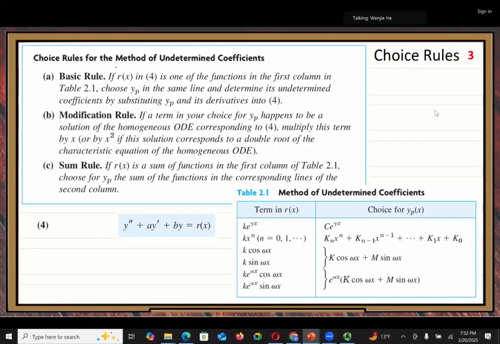You need to multiply that term with x if it's a single root. But if it's a double root, you need to multiply by x squared to modify the structure.